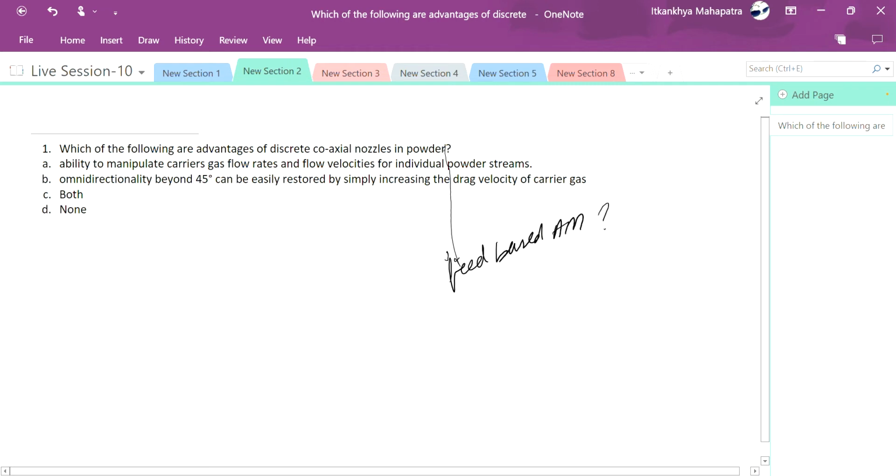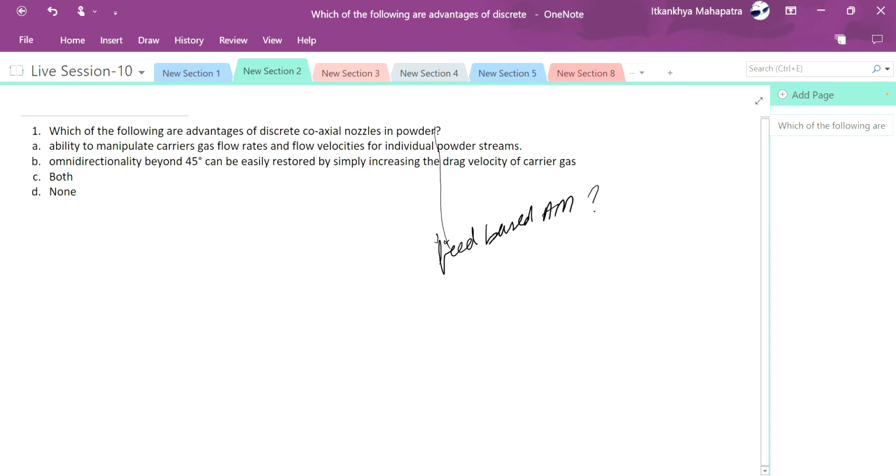So here, as we discussed last time, there are different types of nozzles: discrete coaxial nozzles, continuous, which we have already discussed. I'll again share the slides. Out of these, which of the following are advantages of the discrete coaxial nozzles in powder feed based additive manufacturing processes?